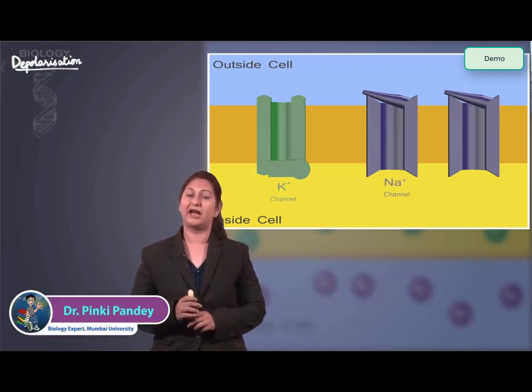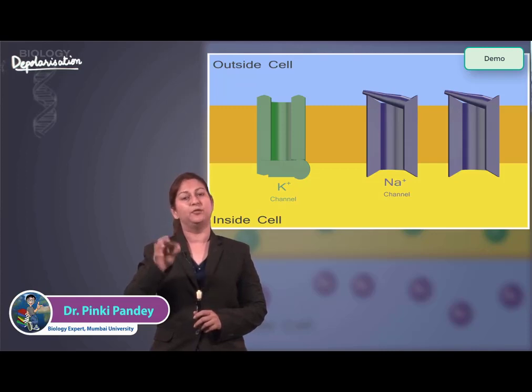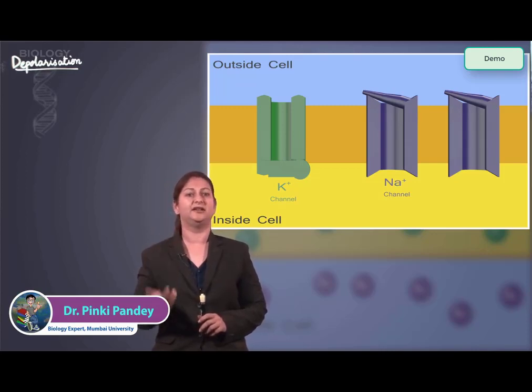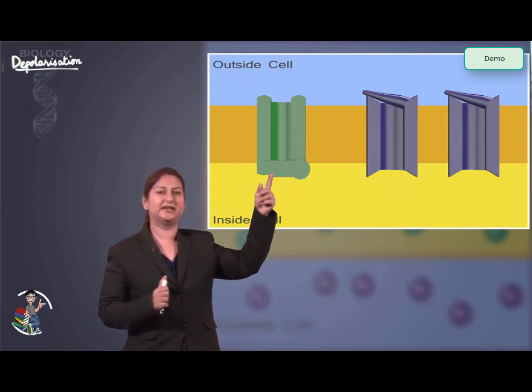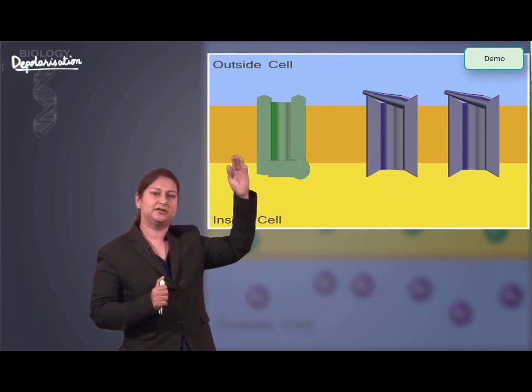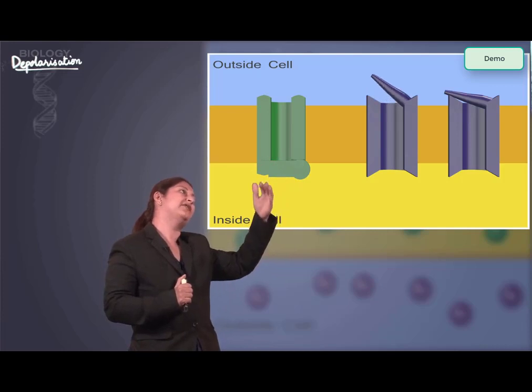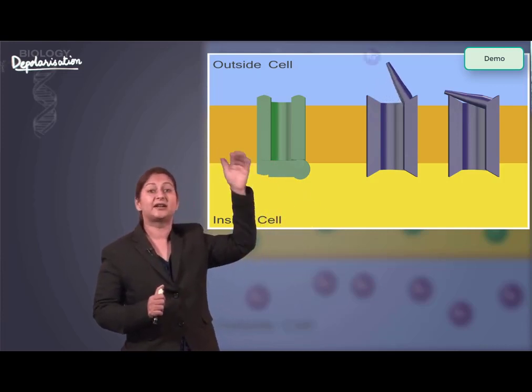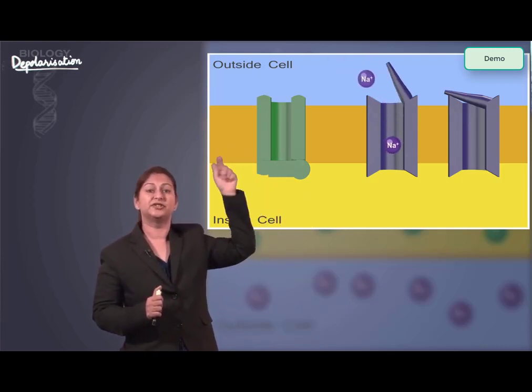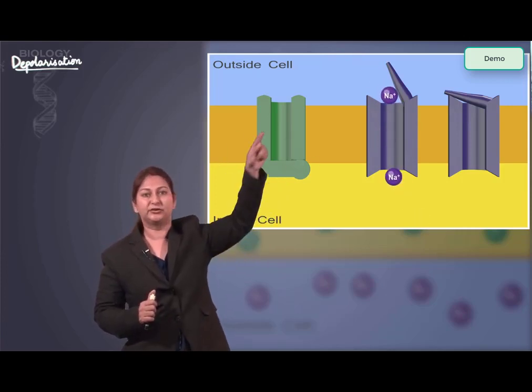I had told you that at one particular time, only one type of ion can enter or exit. So here you can see that as the threshold stimulus is applied, the sodium ion channels have opened and there is a rapid flow of the sodium ions from outside.